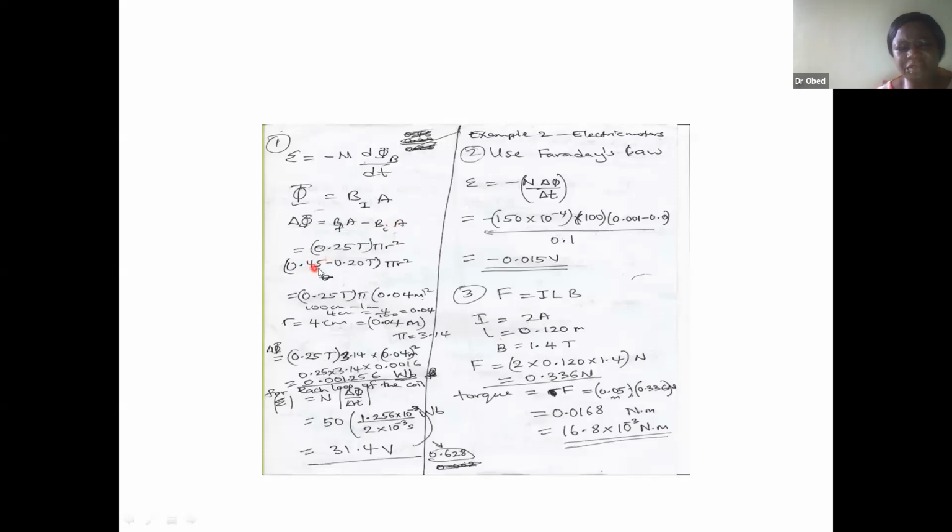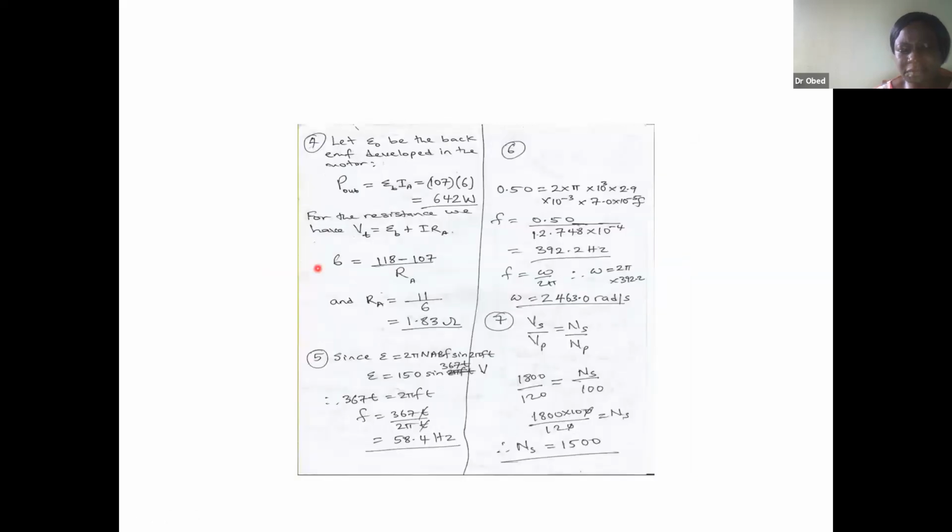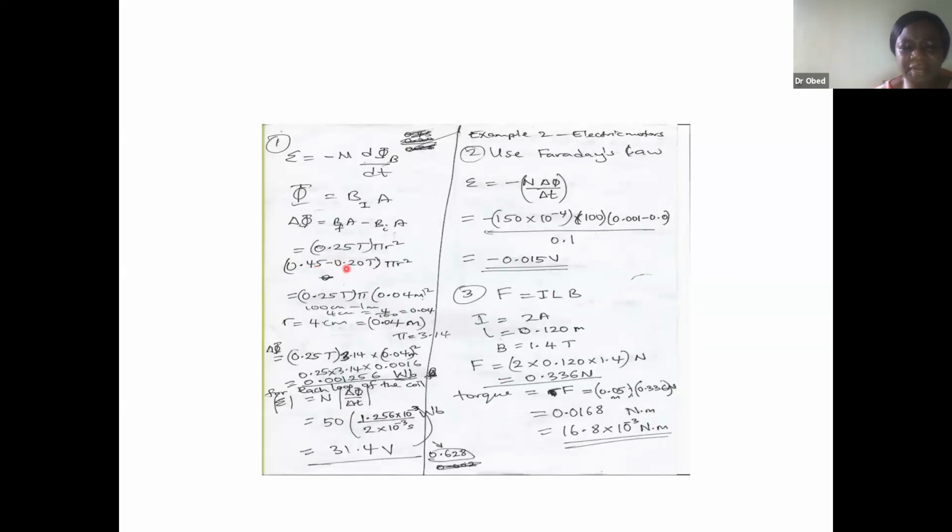We are given 0.45 as the final magnetic field, BF, and this is BI. If you evaluate this, you get 0.25 Tesla times pi r squared. The area of the coil is pi r squared. Remember the radius is 4 centimeters, so you convert it to meters and you square it.